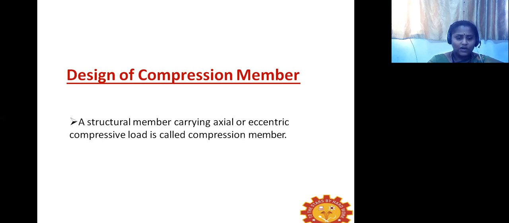It is a vertical structural element which is subjected to pure compression. The main definition of compression member or column is a vertical structural element subjected to pure compression. A structural member carrying axial or eccentric compressive load is called a compression member.